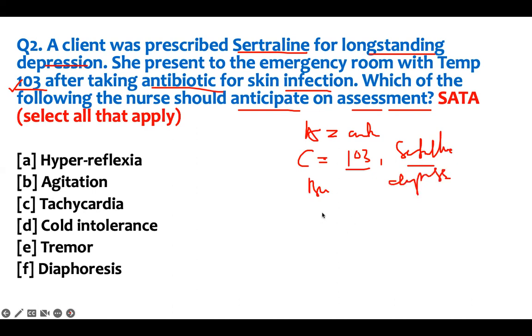And then what are we asked to do? Anticipated assessment finding. So just by reading this, you can put it together in the content way: I have a patient on Sertraline, presenting with a temperature of 103. The client has depression, and after taking antibiotic, this happened. What do you think? This is serotonin syndrome.